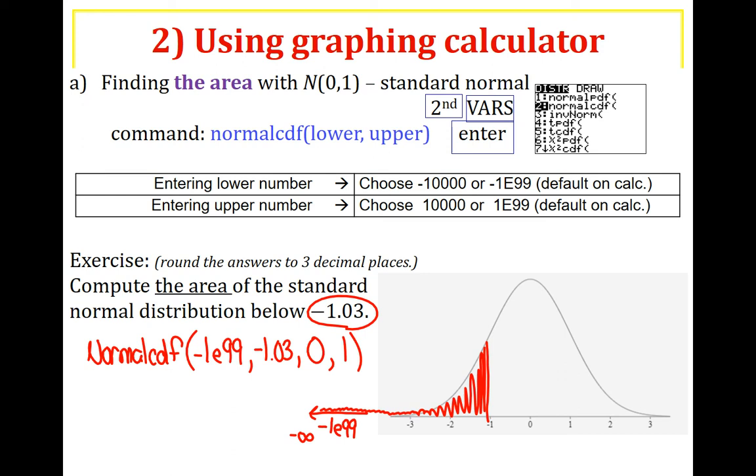So you always have it in this particular form. I'm going to add to your command up here: the lower, comma, the upper, comma, the mu. Sorry about that. Let me get an eraser going here.